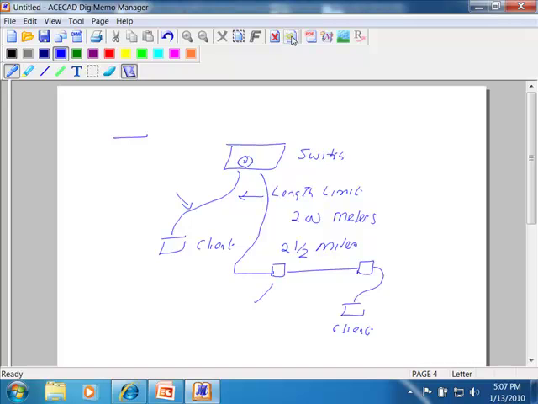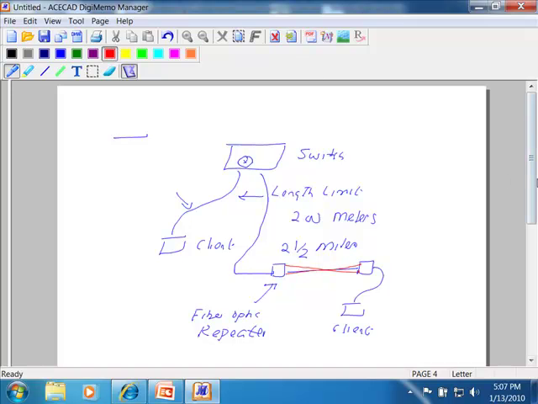Many times nowadays you can use something called a fiber optic repeater. In the case of fiber optics, as I have told earlier, those who were in my communication course will understand, you have to have two connections, one going this way, one going this way. Why is that so?